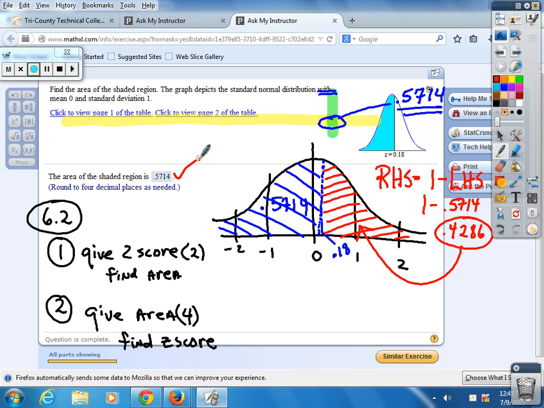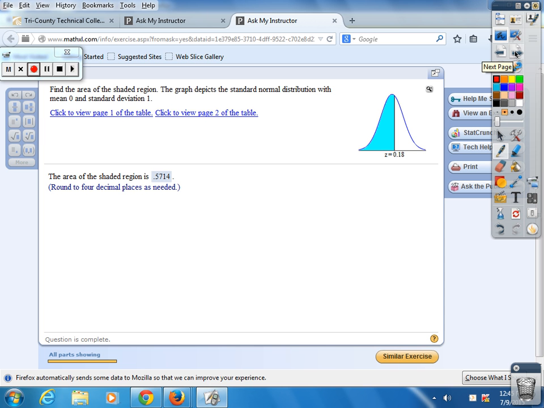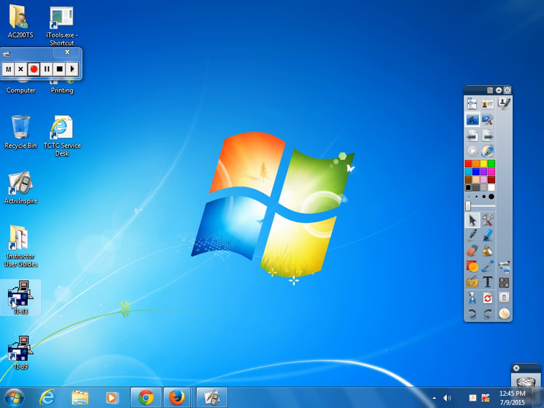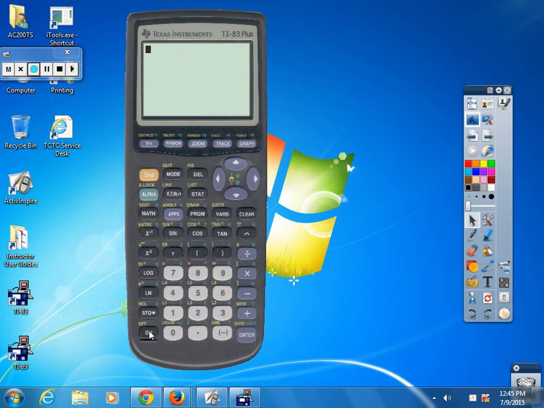Okay, how do you do it with the calculator? Well, let's pull up the handy-dandy calculator. You pull up your calculator and you hit second, VARS, normal CDF, and type in, look at your picture.